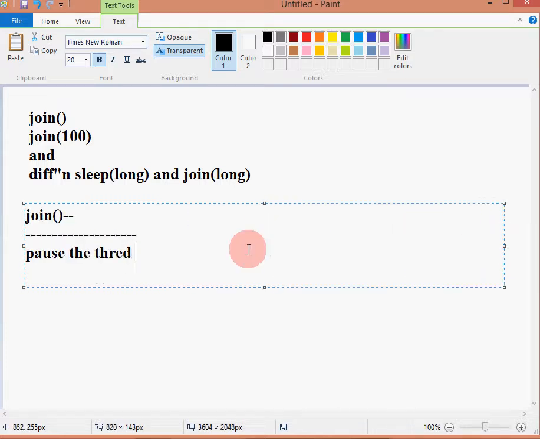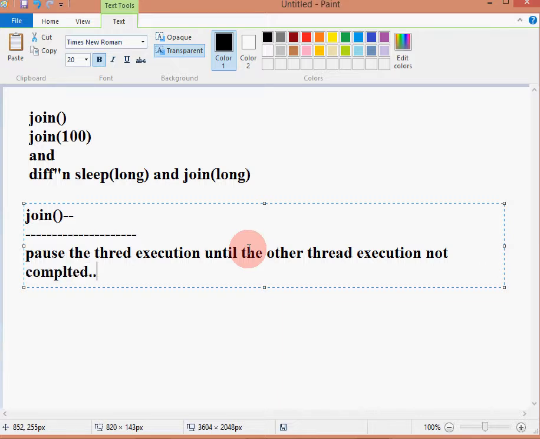It pauses the thread execution until the other thread execution is not completed. Okay, then what is the meaning of that?